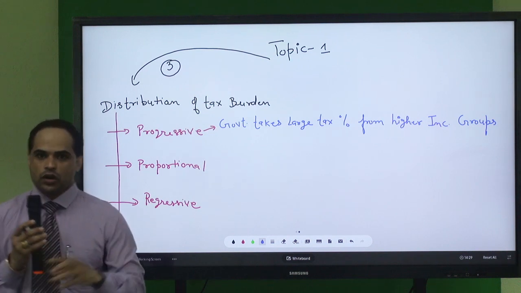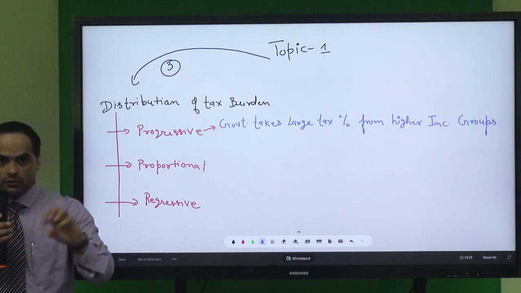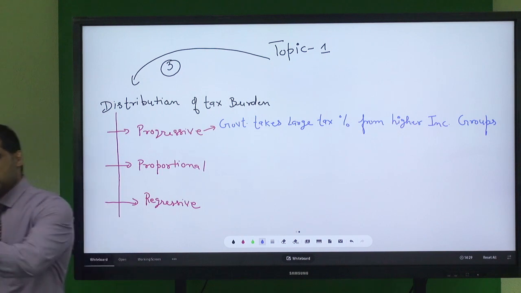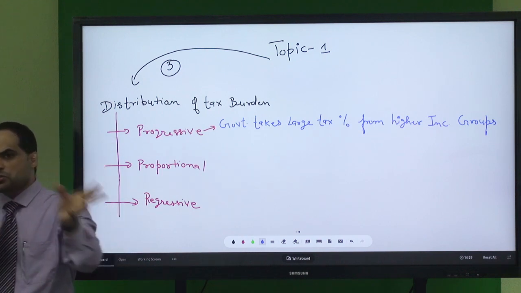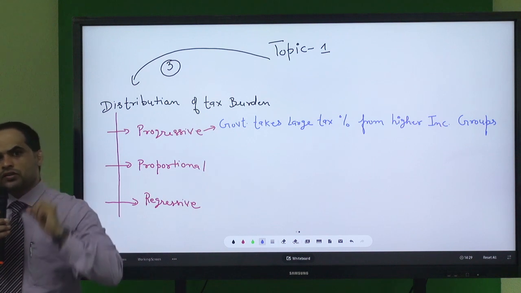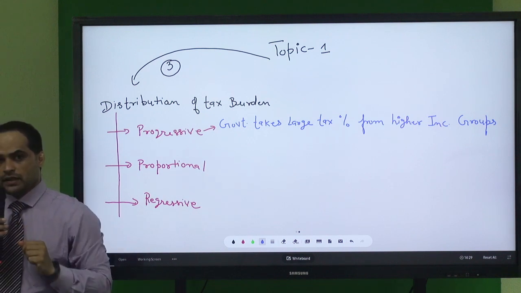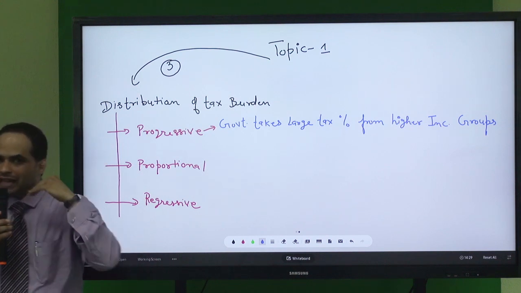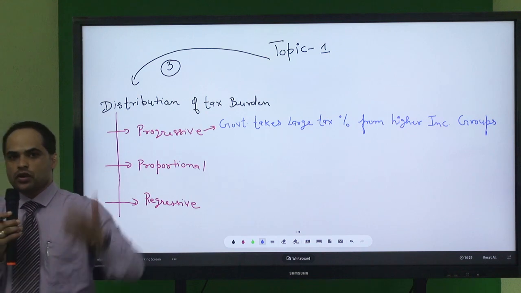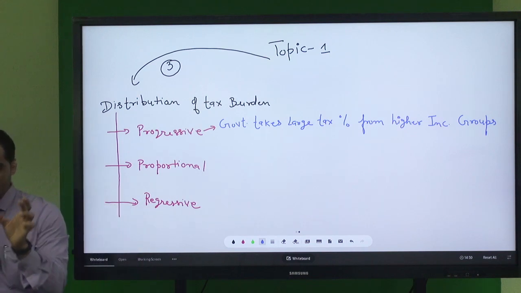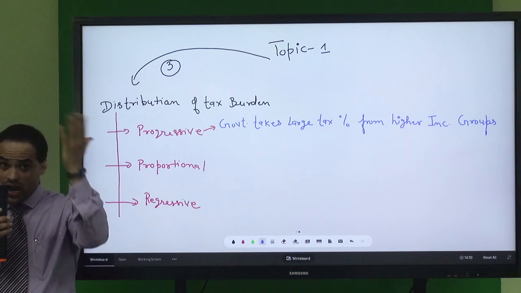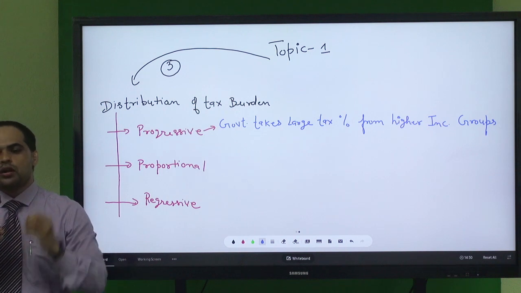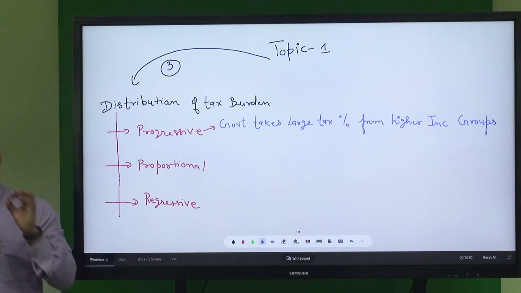Threshold means if your income is from 0 to, let's say, $50,000, you're going to pay 10% tax. $50,000 to, let's say, $200,000, and above $200,000, you're going to pay 50% tax. So that's called the progressive system. If you come in the lower income threshold, you're going to pay less tax. If you come under the higher income threshold, you're going to pay a high tax. So this kind of system is called the progressive tax system.